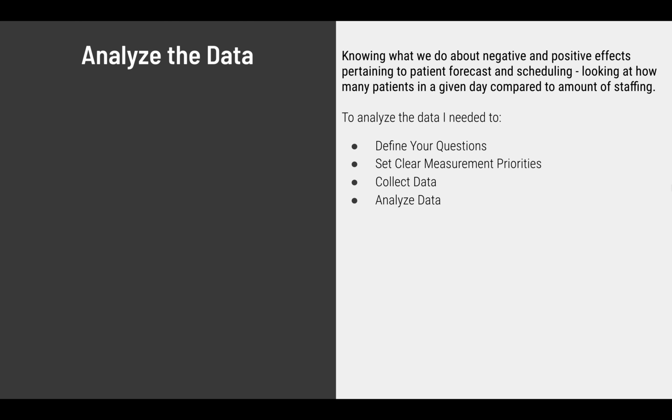Analyze the data. Now, knowing what we do about negative and positive effects pertaining to patient forecasts and scheduling, looking at how many patients in a given day compared to the amount of staffing, to analyze the data, we needed to define our question, set measurement priorities, collect data, and then analyze that data.